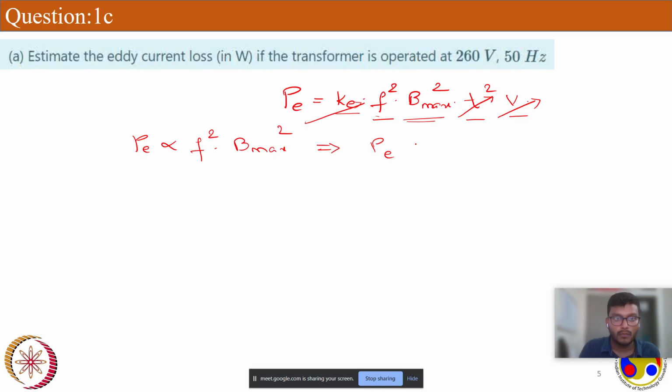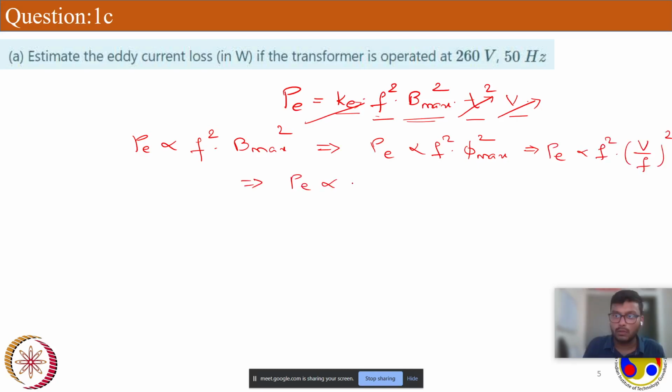If we replace phi max in terms of voltage and frequency, because those are the variable parameters here, we get F squared into (E by F) squared. The final equation is PE proportional to F squared into (V by F) squared. F squared cancels, so it is proportional to V squared.